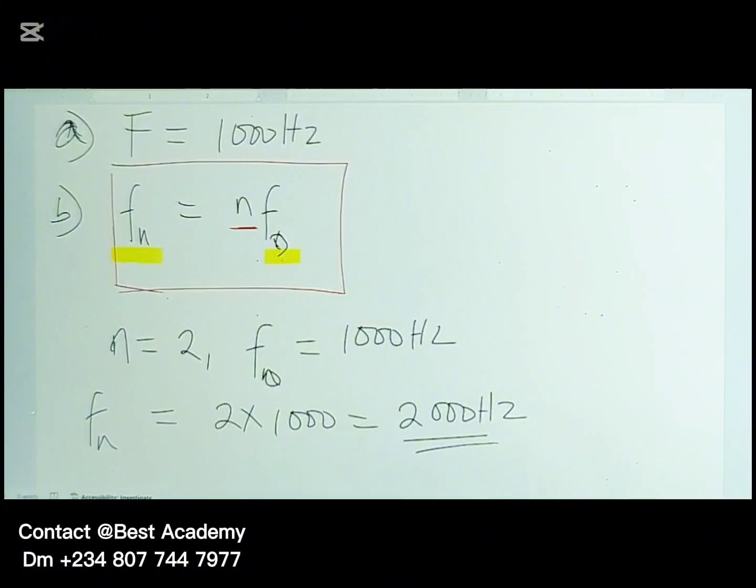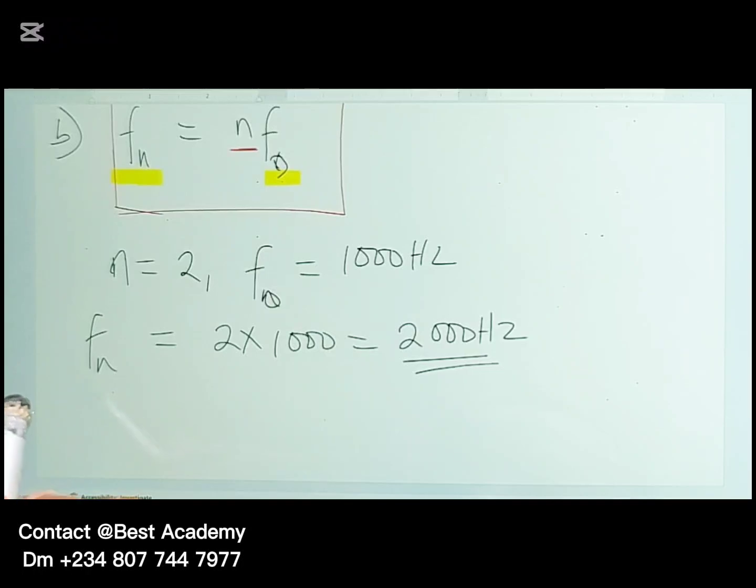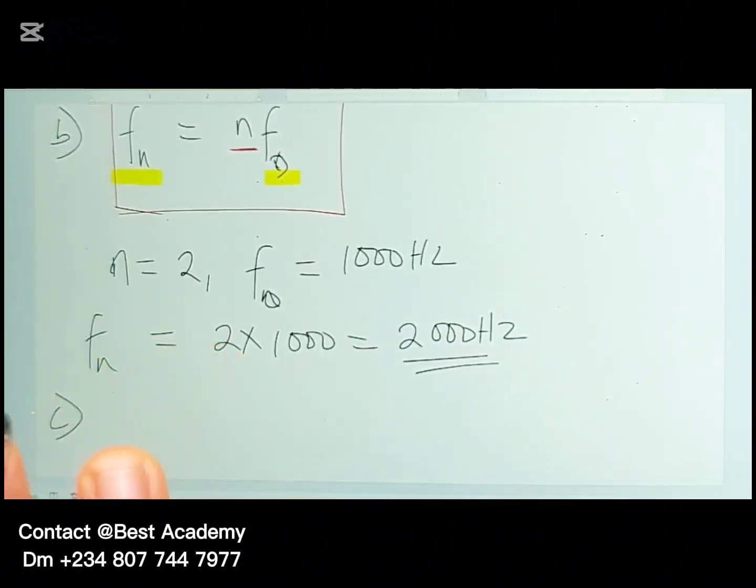Alright. So now let's solve the next one, which is C. We are asked to find the overtone. So the formula for overtone of an open pipe is different from the formula for overtone of a closed pipe.